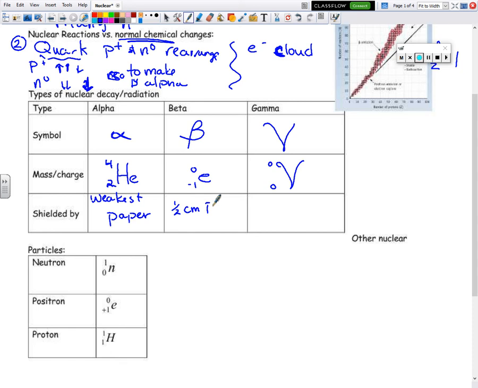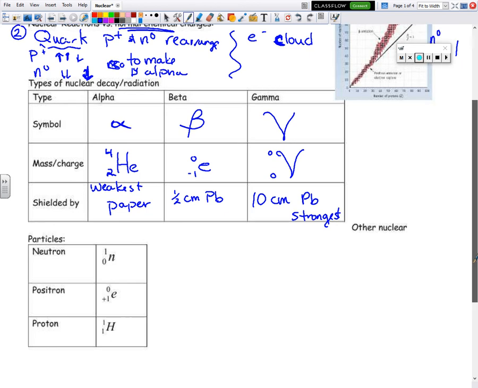Lead is a really thick, heavy, dense element. And then a gamma ray would require a much greater thickness of lead. So that's from weakest to strongest in terms of particle strength.